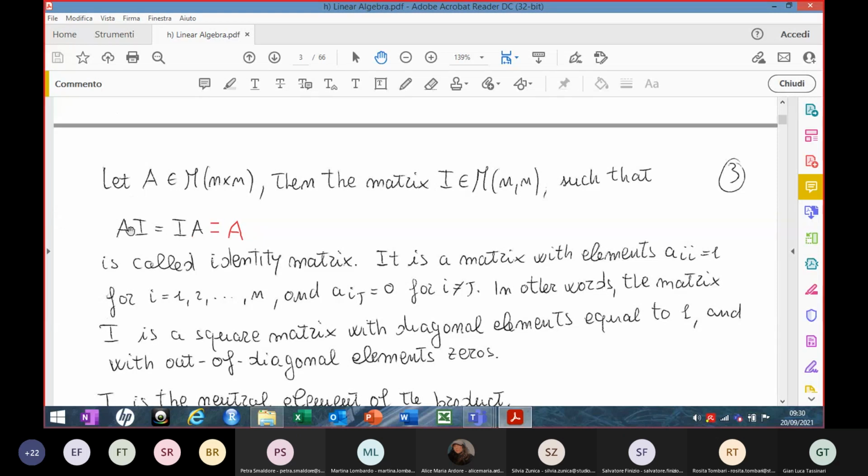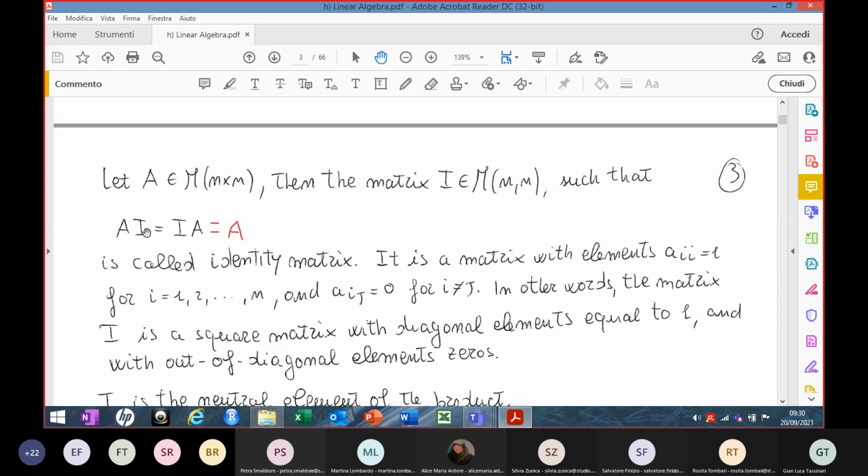I mean, you can exchange the order of the matrices, and the result is a matrix equal to A. So the identity matrix plays, in general, not only for square matrices but also for other matrices, the same role played by the number 1 when you talk about the product between numbers. 3 times 1 is 3, 1 times 3 is 3. So the identity matrix plays for matrices the same role that the number 1 has in the product between numbers.